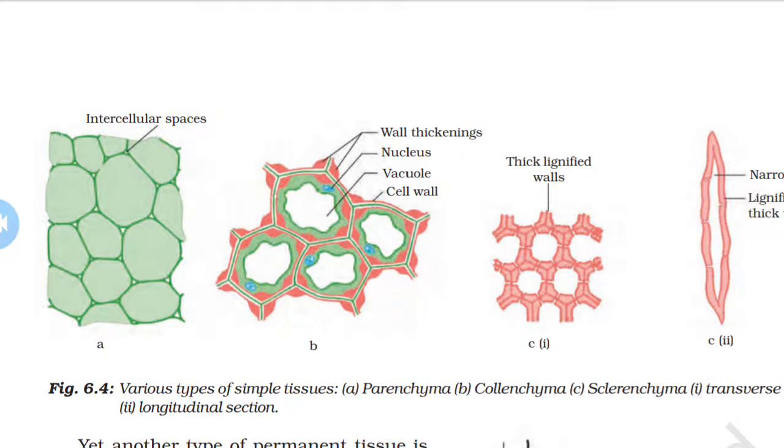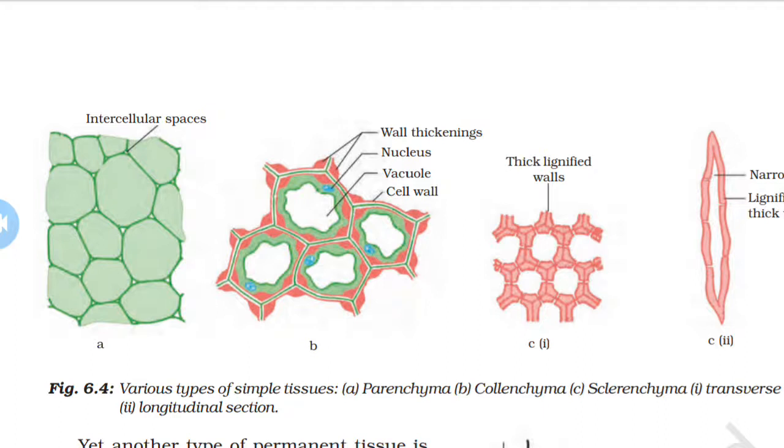These are unspecialized cells with thin cell walls, live cells loosely packed with large intercellular spaces between them. Chlorenchyma is parenchyma with chlorophyll. Aerenchyma is parenchyma with large air cavities within. Parenchyma forms the basic packing tissue.